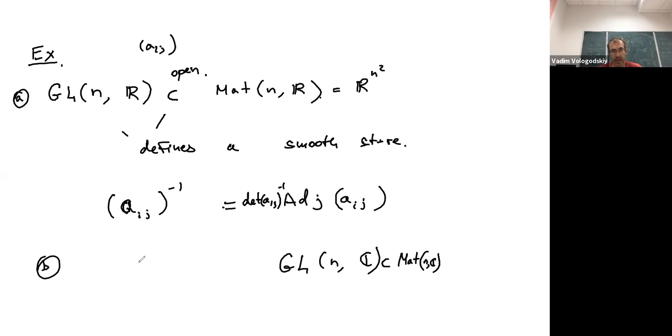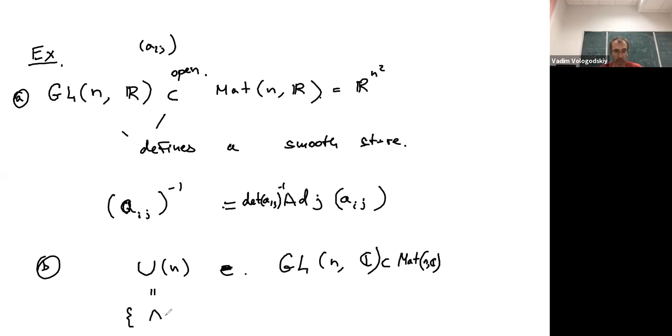And you can take various subgroups. For example, here you can take the unitary group U(n). The unitary group consists of all matrices that preserve the Hermitian form here.